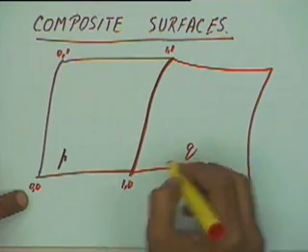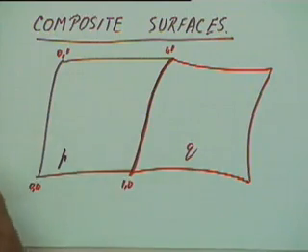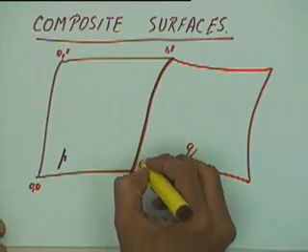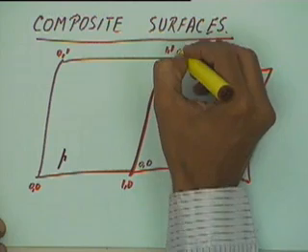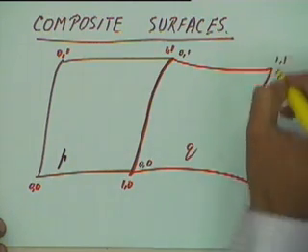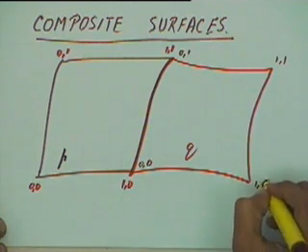Similarly for the Q surface, let's say this is the 0 0 point, this will be the 0 1 point, this the 1 1 point and this is the 1 0 point.